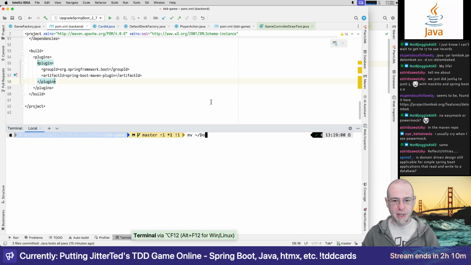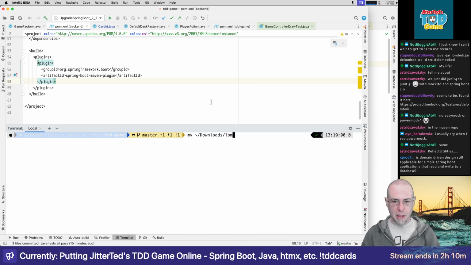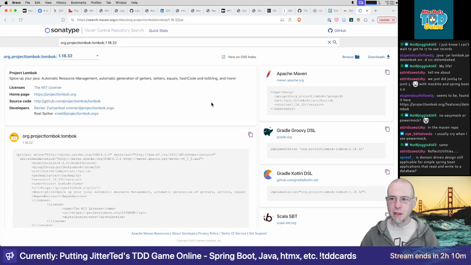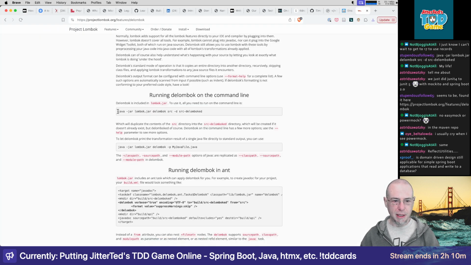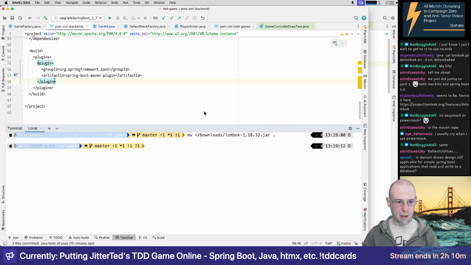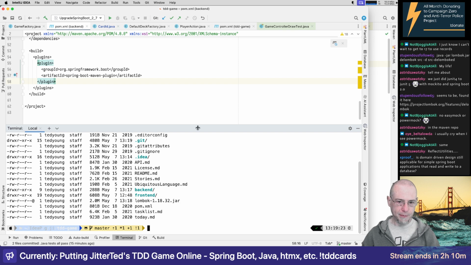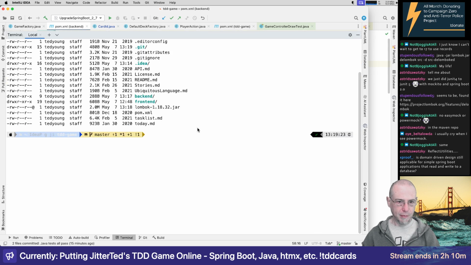So let's move from downloads the Lombok jar to here. And then we're going to go de-Lombokify it. Where are we? So we'll need to change into the back end.